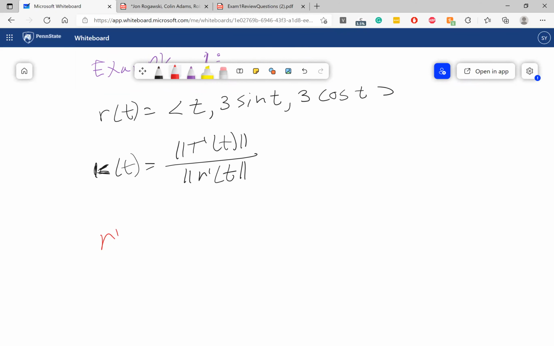So r prime of t is equal to 1, 3 cosine of t, and -3 sine of t. That is our r prime of t.